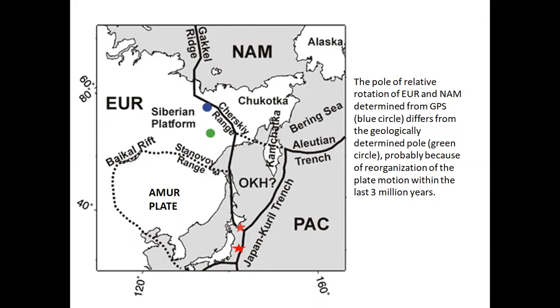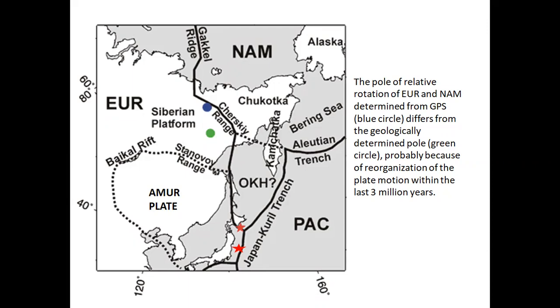The blue circle is calculated from GPS movements of the ground relative to stars, you might say. And it differs geologically from that determined by the geology, which is the green circle.